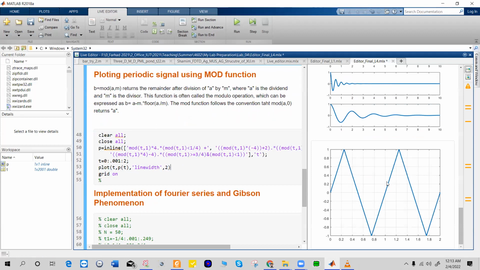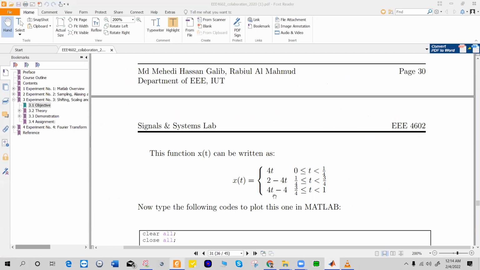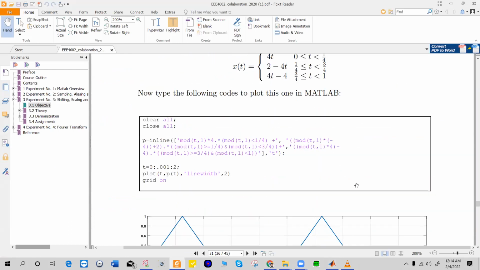So yes, this is our periodic function, which we have generated with the help of mod that we have discussed. This is the code. Let me increase the size.